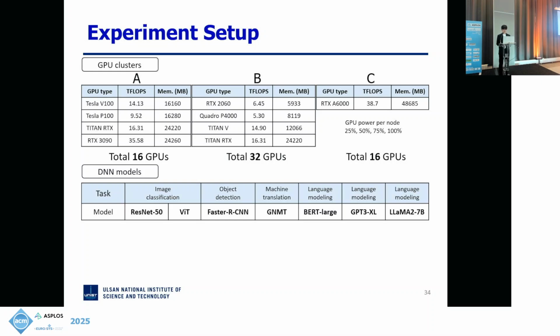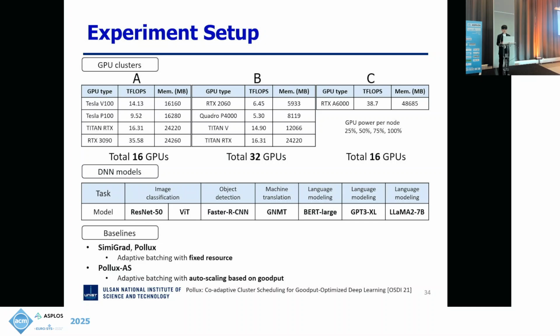We experimented with 7 DNN models, including popular vision models and large language models including Llama. We compare JABAS with 3 adaptive training methods: SemiGrad, Pollux, and Pollux AS. Pollux AS employs the autoscaling policy from the original Pollux paper.